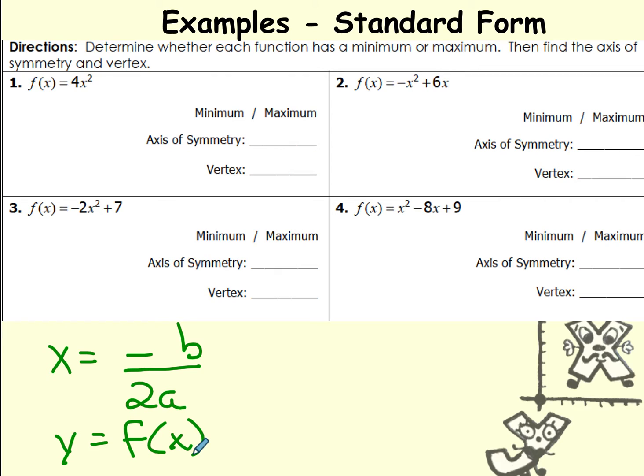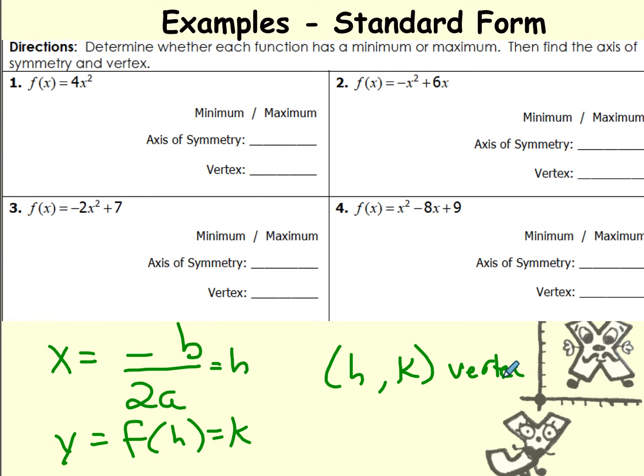So another way of thinking about it, this is what we call the h. And so we're doing f of the h to get the y. So that's going to give us our k value. And together, remember, h and k give us the vertex.